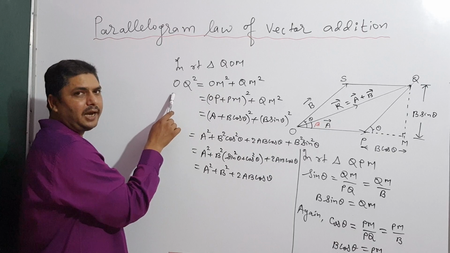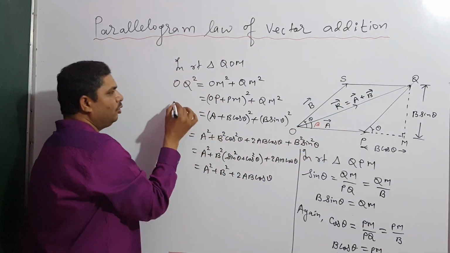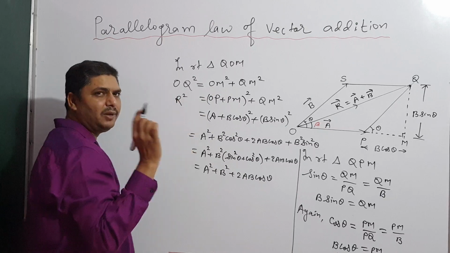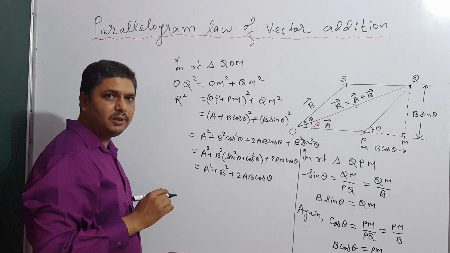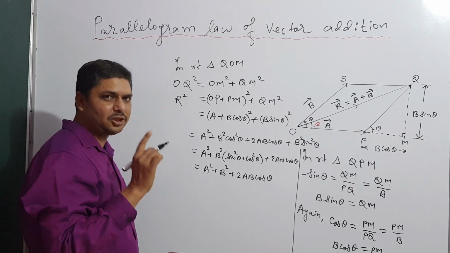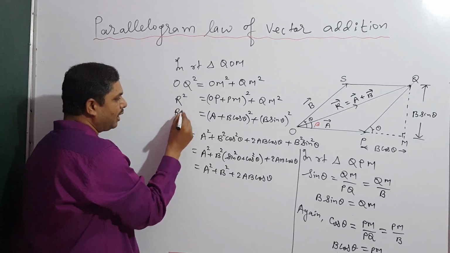And on the LHS you have OQ. What is OQ? OQ equals R. You write here R square. R means only magnitude. I am not giving the arrow. If I give the arrow, then this means magnitude as well as direction. So I am talking about only magnitude. So this is R square.